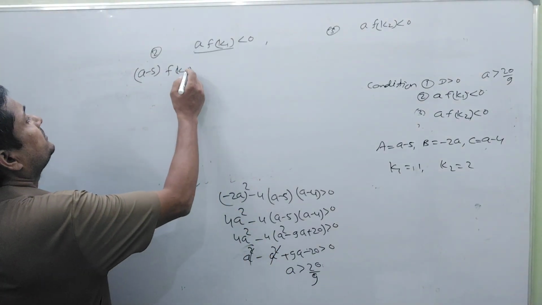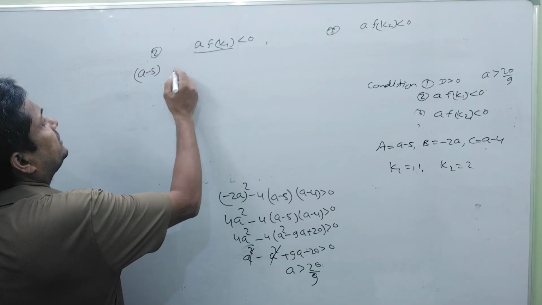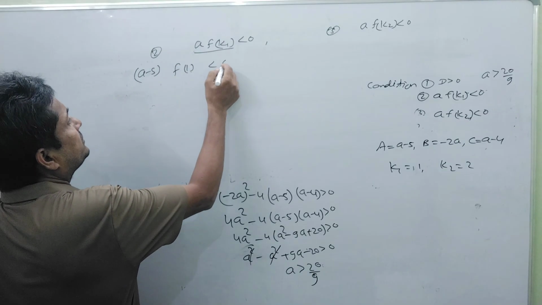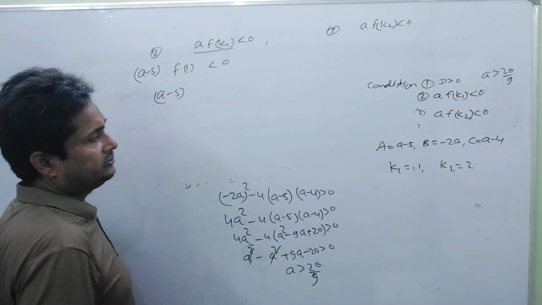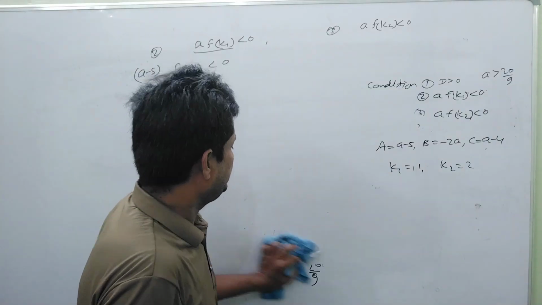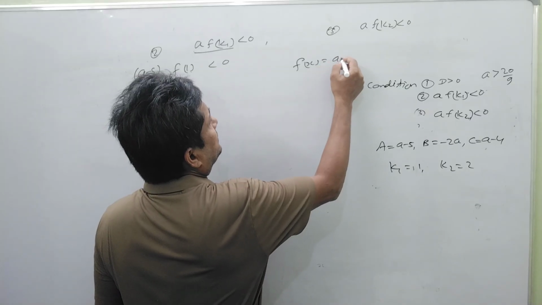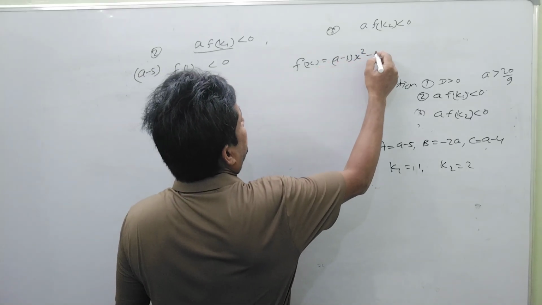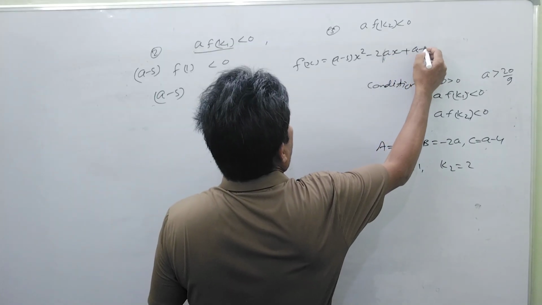So (a minus 5) times f of 1 is less than 0. How will you get f of 1? You will get it from the quadratic equation. f(x) is (a minus 5)x square minus 2ax plus a minus 4.